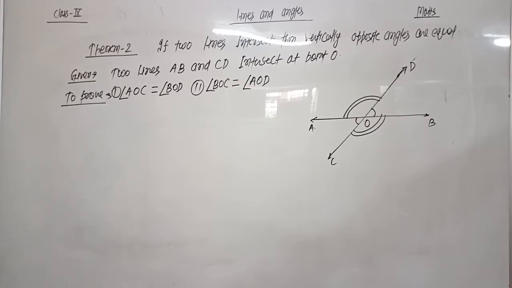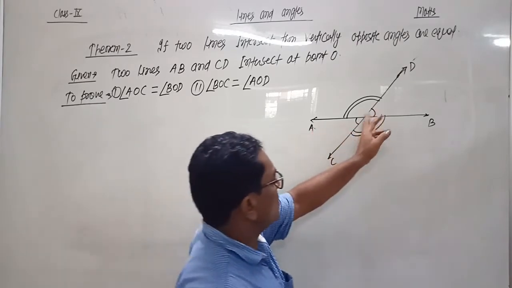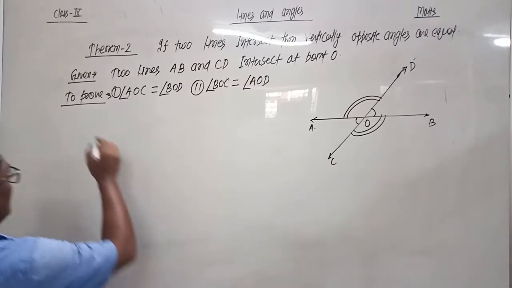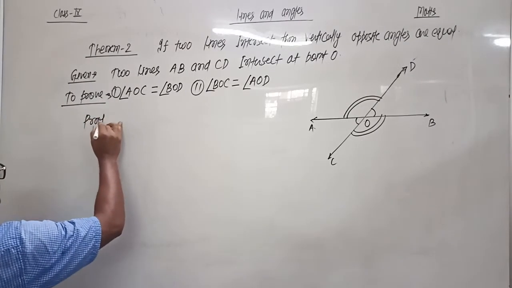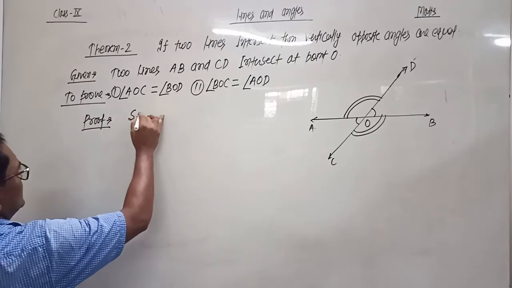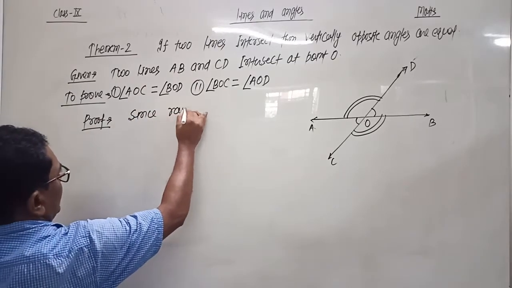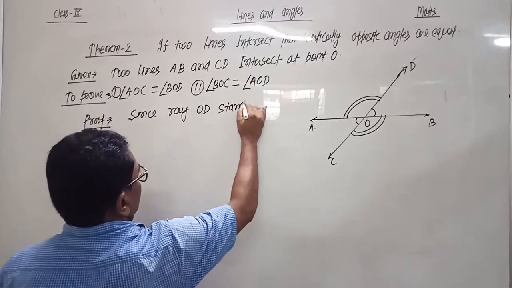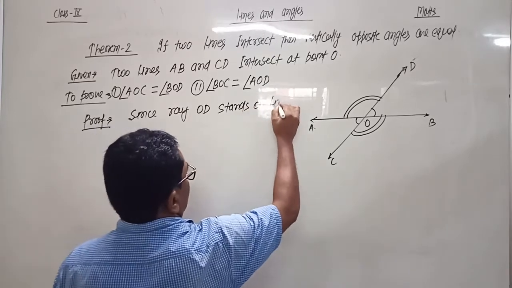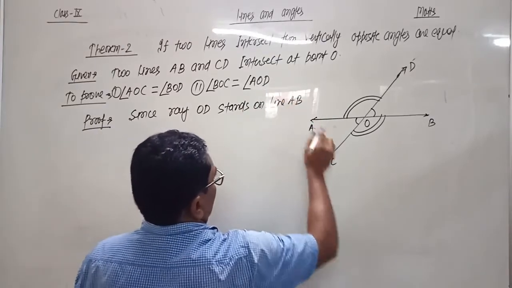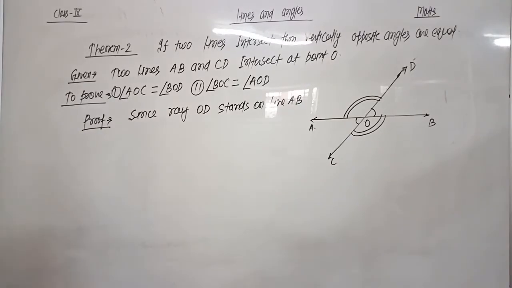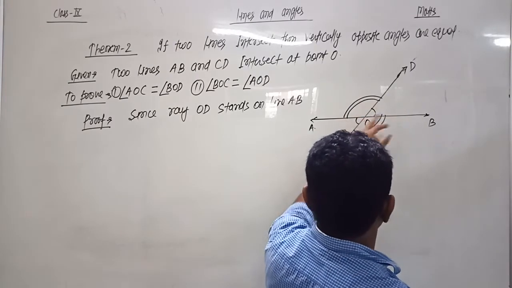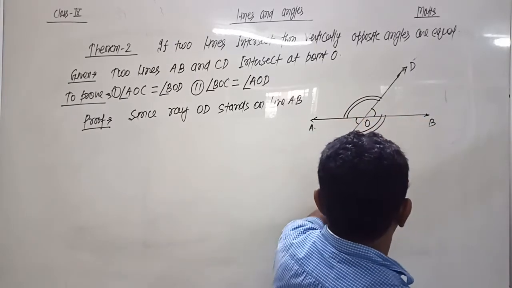Now ray OD stands on line AB. Now we prove. Since ray OD stands on line AB, then by linear pair, these are the two opposite rays.